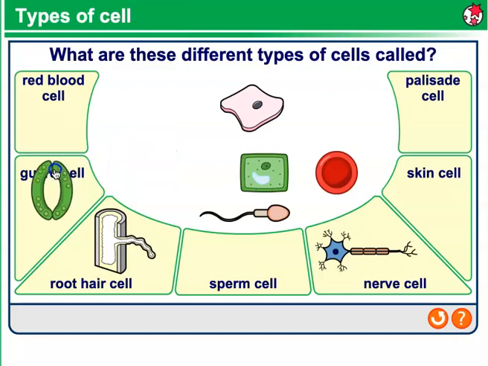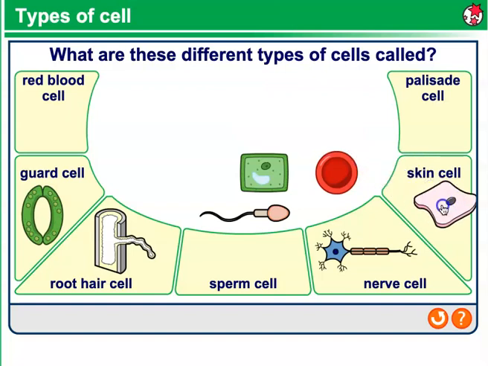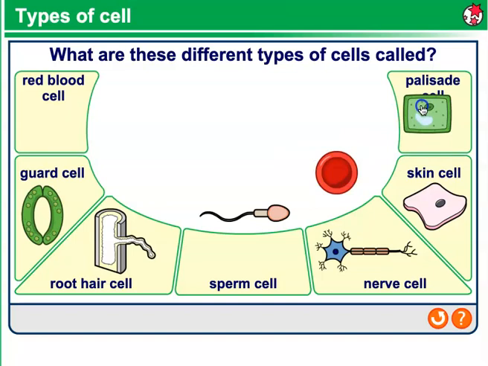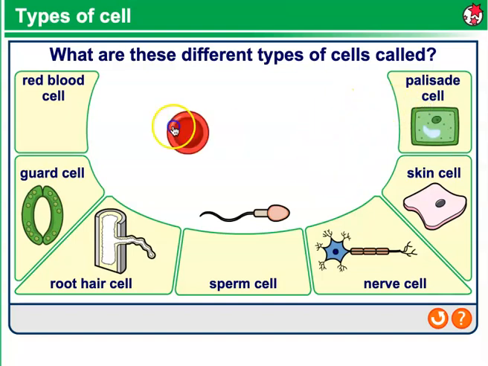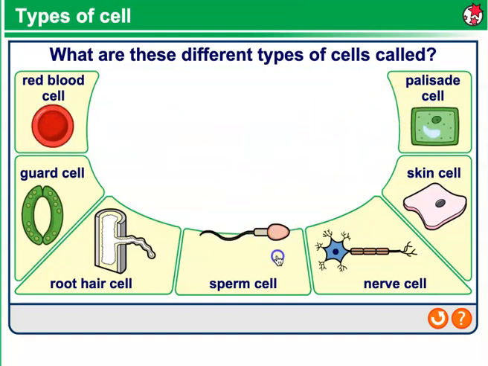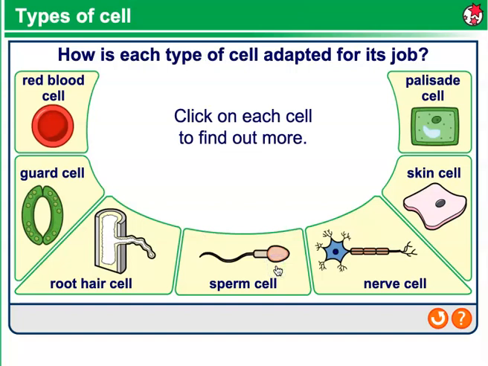Guard cells exist on plants, and they allow for oxygen to be released or carbon dioxide to enter the plant. Our skin cells are responsible for protection. Palisade cells, red blood cells, and sperm cells. Let's look into each one to find out more.